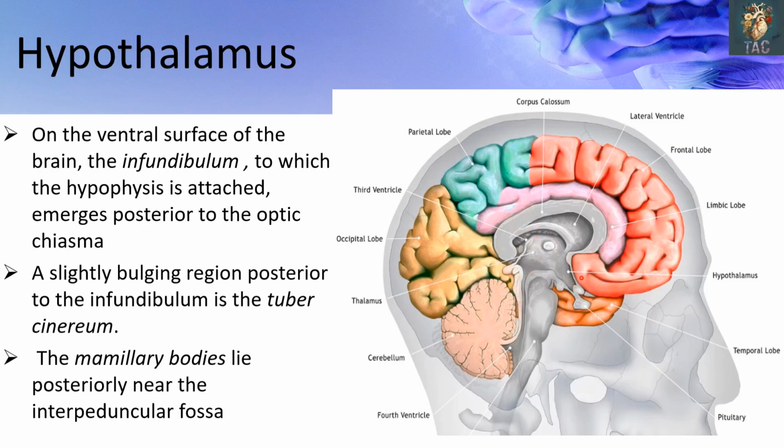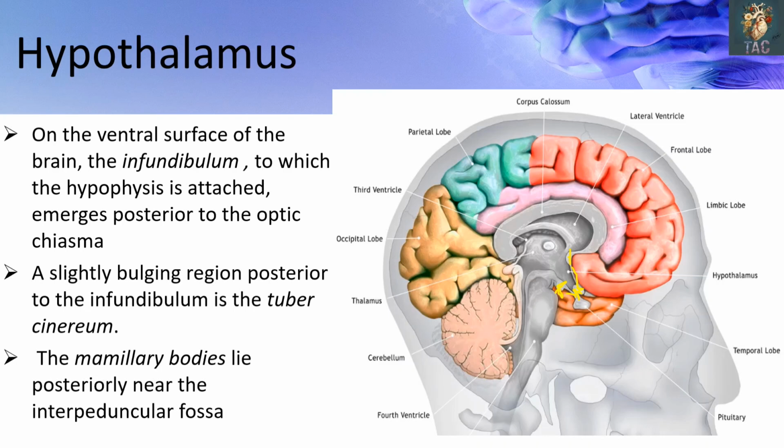On the ventral aspect of the hypothalamus, you can see over here the infundibular stalk is present, to which is attached the hypophysis cerebri. Anterior relations over here: the anterior commissure, then the lamina terminalis, then the optic tract and optic chiasma, then the tuber cinereum and the infundibulum, and posterior to tuber cinereum, you can see the mammillary bodies which are present.